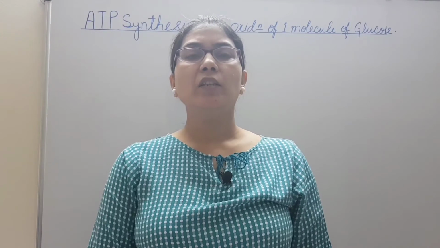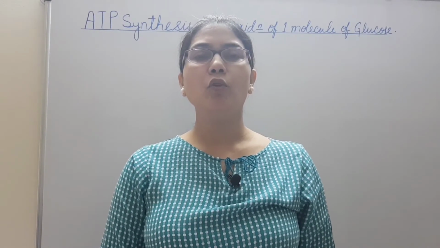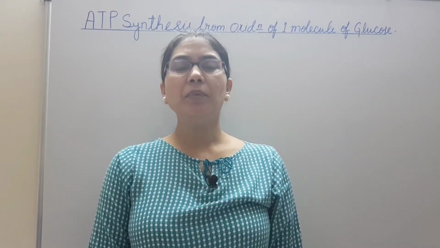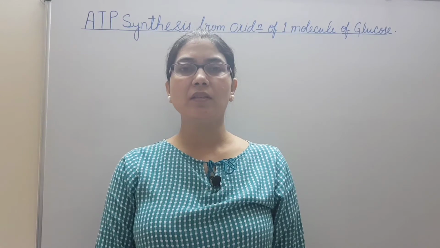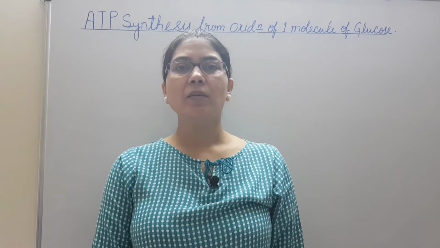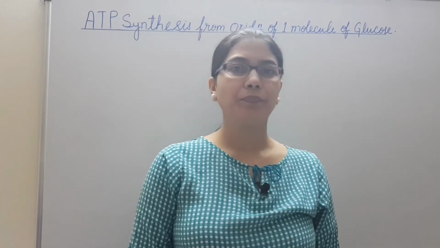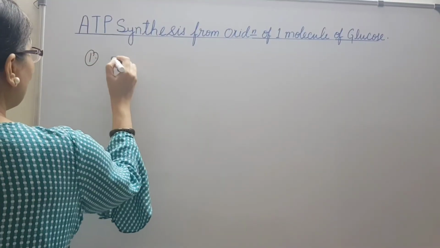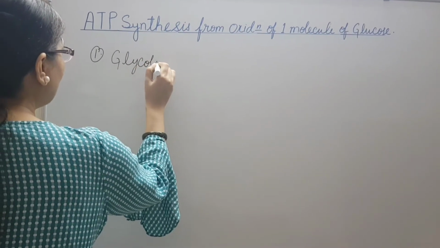Let us calculate the total ATP synthesized by the oxidation of one molecule of glucose. Complete oxidation of a glucose molecule involves three processes: glycolysis, pyruvate oxidation and citric acid cycle or Krebs cycle. First is glycolysis.